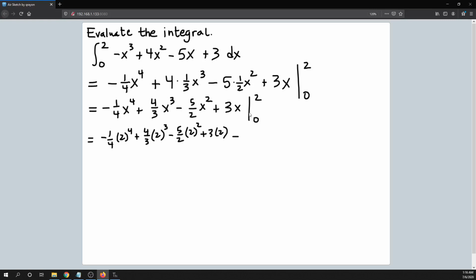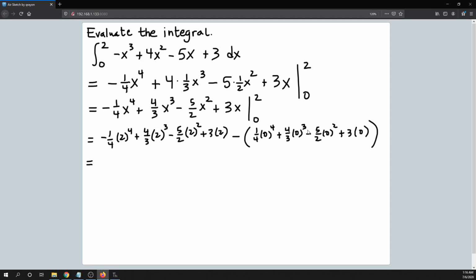And then I am going to subtract off what I get when I plug in the bottom number. So that's going to be 1/4 times 0 to the 4th plus 4/3 times 0 cubed minus 5/2 times 0 squared plus 3 times 0. All right, and then I am going to simplify all that out and come up with a number.